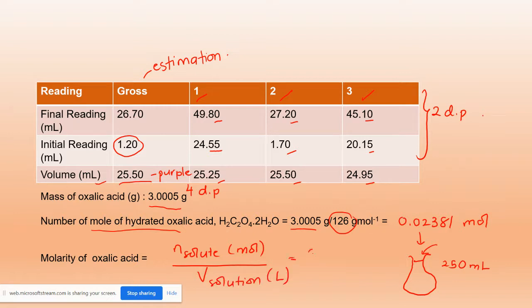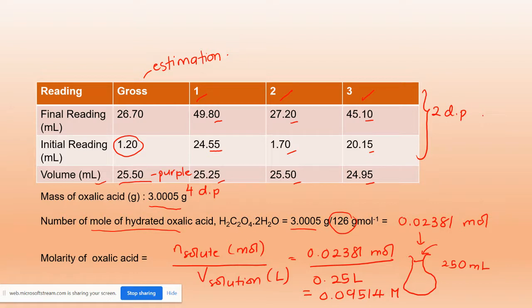That means it is just the number of mole over 0.25, which is the volume of solution. And in this case, maybe you will get around 0.09514 molar. Remember, this is just an example.